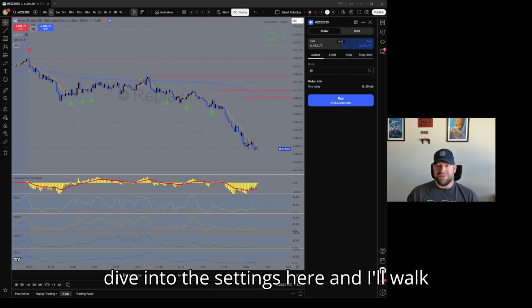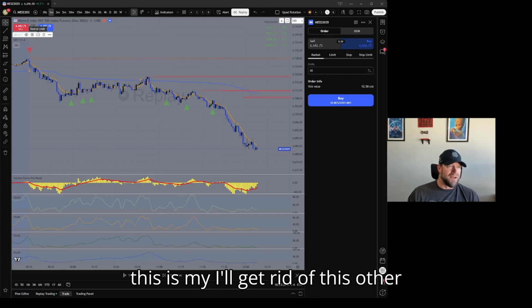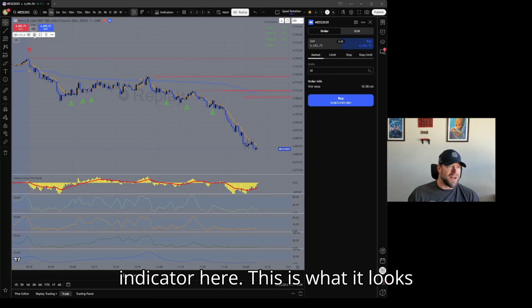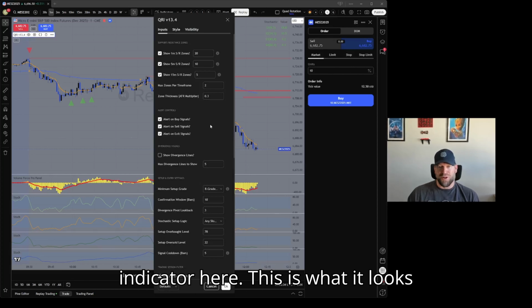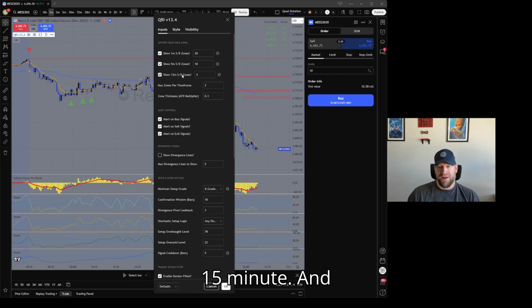So let's deep dive into the settings here, and I'll walk you through the key settings that you can tailor to your trading style, okay? I'll get rid of this other indicator here. This is what it looks like. So you've got your support and resistance zones, again, the 1, 5, and 15 minute.